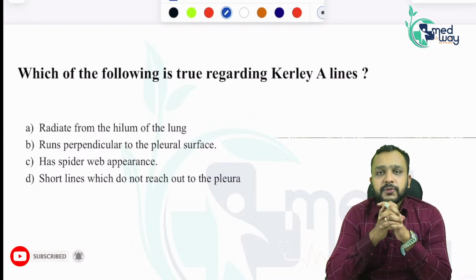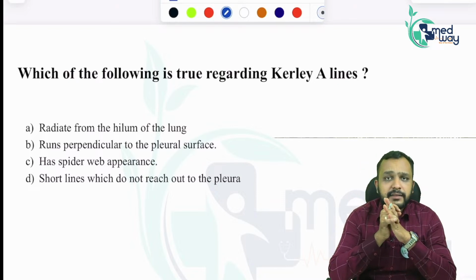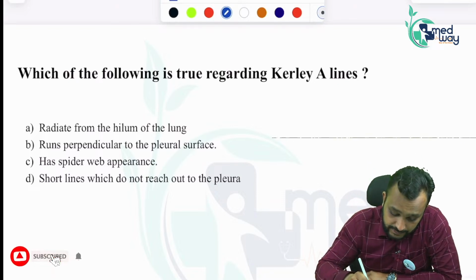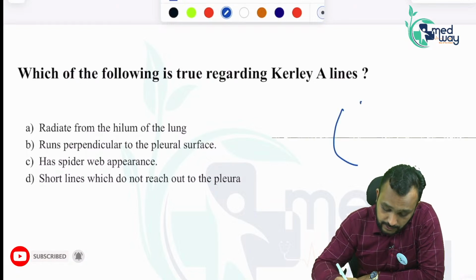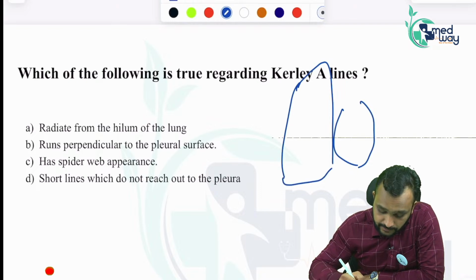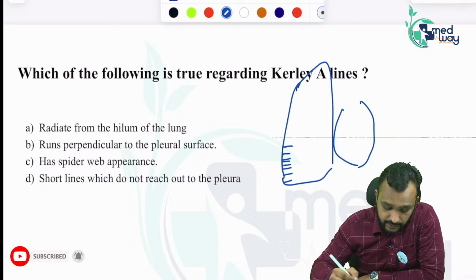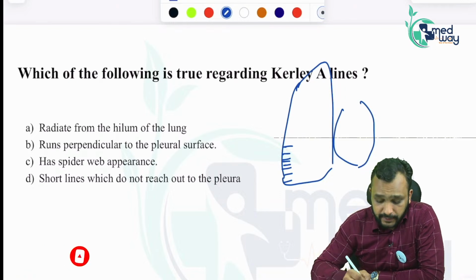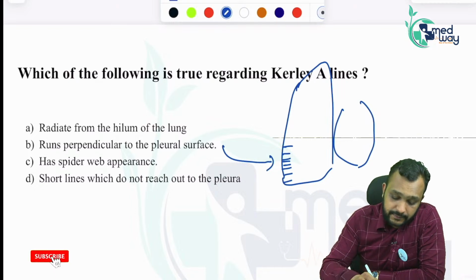Which of the following is true regarding Kerley A lines? Very important question: Kerley A lines, Kerley B lines, Kerley D lines, right? If I draw the heart, this is your heart, this is your lung. Kerley B lines, you all know, are seen in congestive heart failure. These are perpendicular lines to the pleural surface, right?